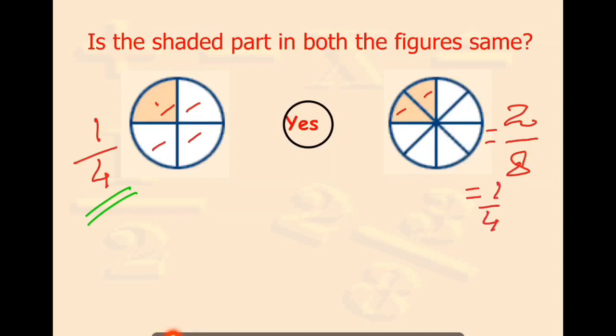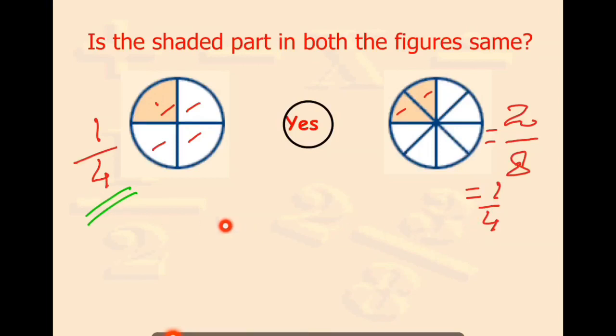So here what we are seeing is that 1 by 4 and 2 by 8, that is this entire figure and this figure, are representing the same fraction. The only difference is that they are looking different. It is looking like 1 by 4, it is looking like 2 by 8, but basically 2 by 8 is also 1 by 4.